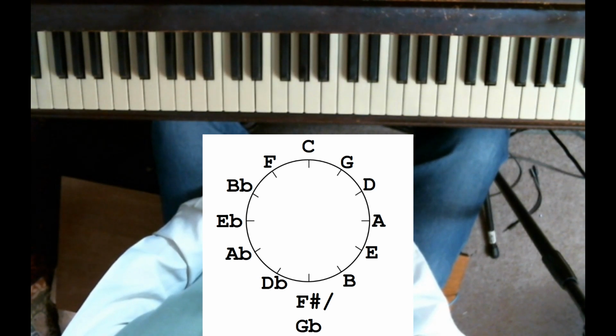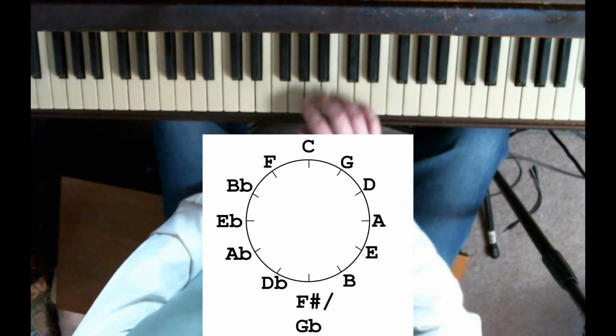The key of A flat has four flats: B flat, E flat, A flat, and D flat.